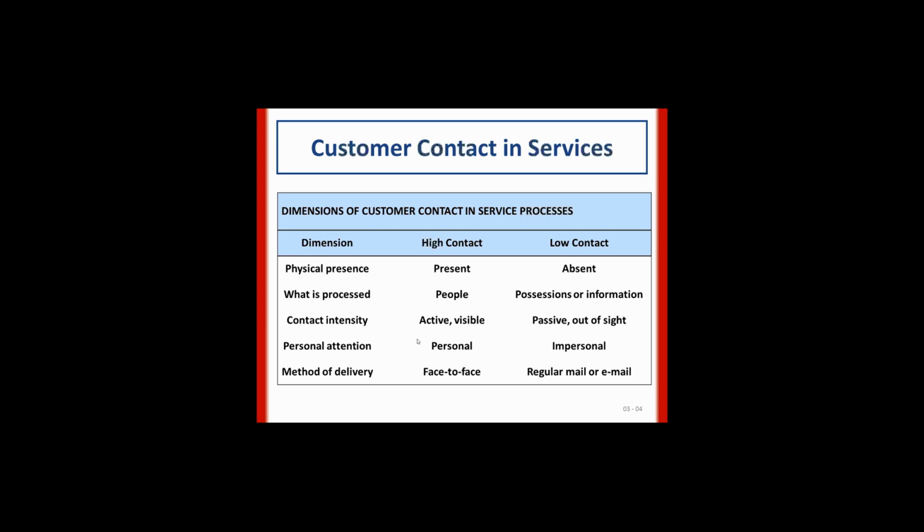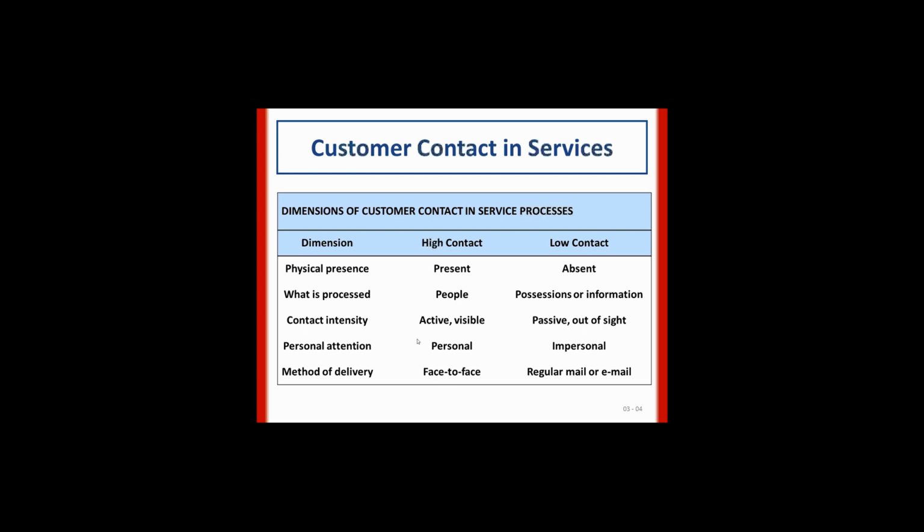Active means the customer can have more voice in the type of service they receive, like getting a massage or a haircut. Or the customer can be very passive, like going to the theater to watch a movie that is available. The customer cannot demand the type of movie they want to view.